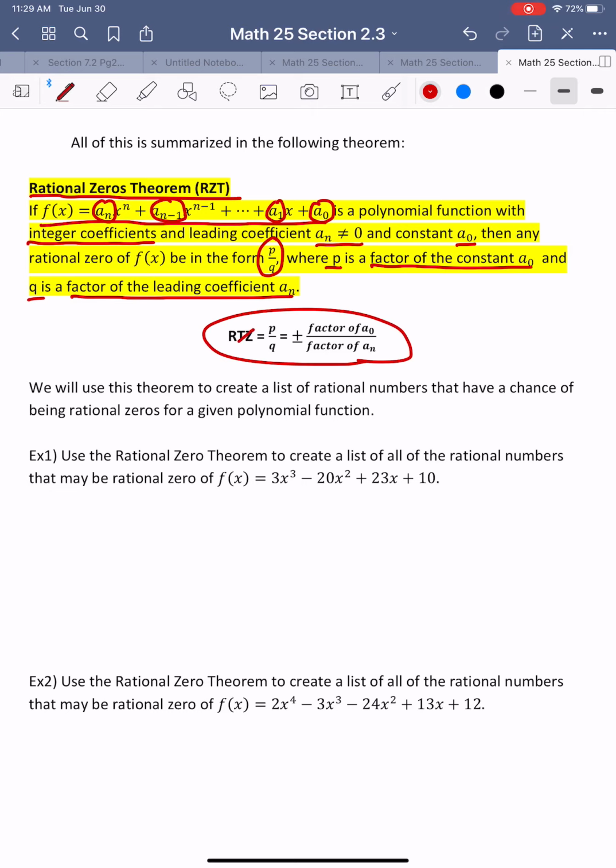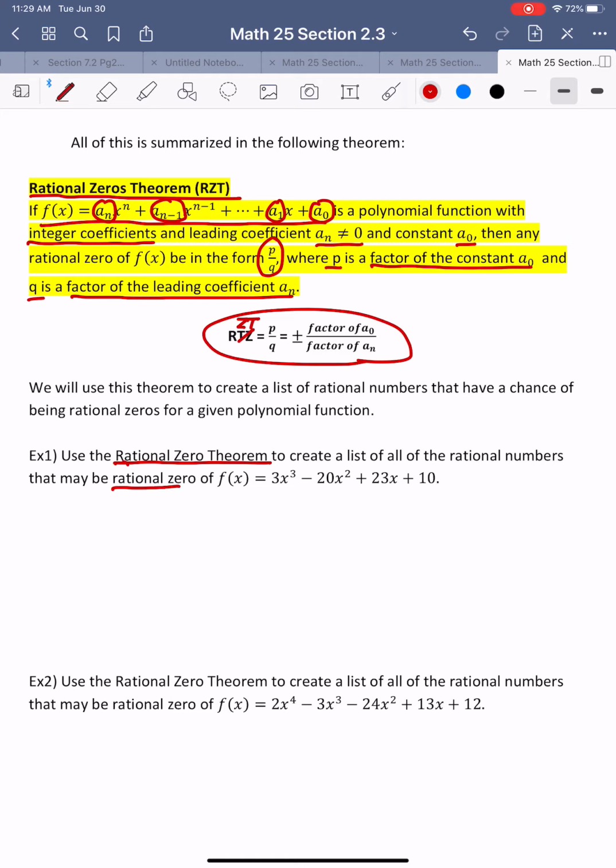Okay, I think I changed it. It should be the rational zero theorem, okay? So we will use this theorem to create a list of the rational numbers that have a chance of being a rational zero for the given polynomial functions, the list of all the rational numbers that might be a rational zero later, okay?